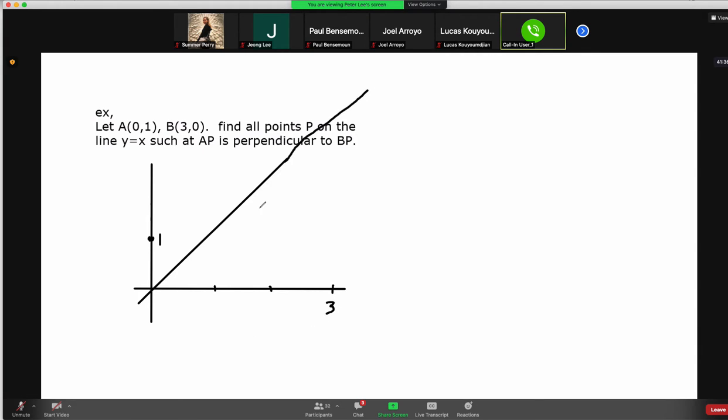So the line goes like this, and the point P is on this line right here. This is A and this is B. So here, AP and BP.